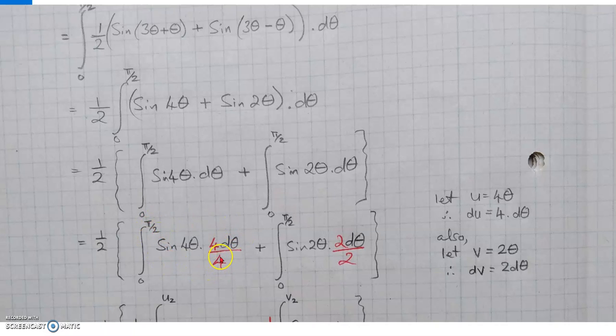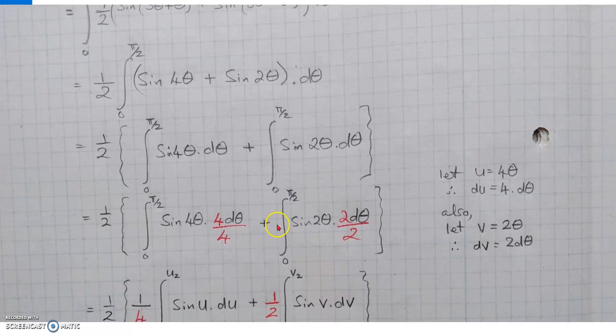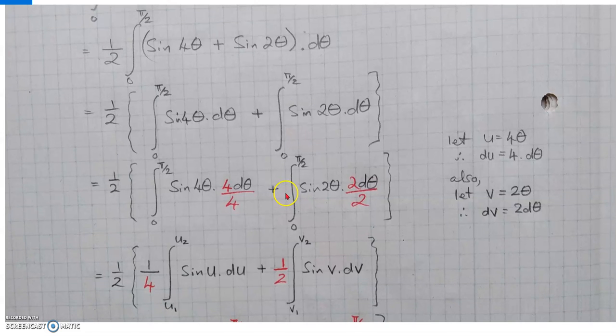All right, so this 4, which is dividing the integral now, can be brought forward in front of the integral sign there, just as this 2 can be brought forward in front of this integral sign there. So your next line should look something like that.